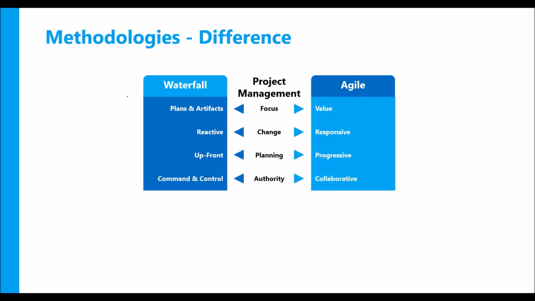The authority, okay, this is very important because we're all project managers here, right? Or aiming to be project managers. In Waterfall, a project manager's authority is more command and control. So he's at the top of the hierarchy and he takes control of most of the activities in the project. And typically he does micromanagement depending on the size of the team.